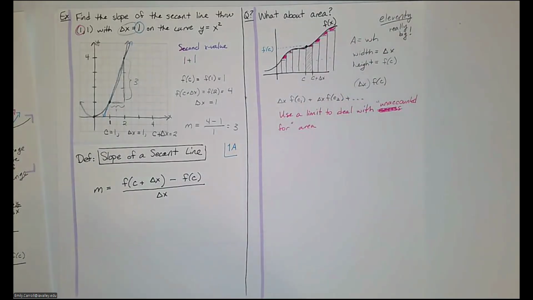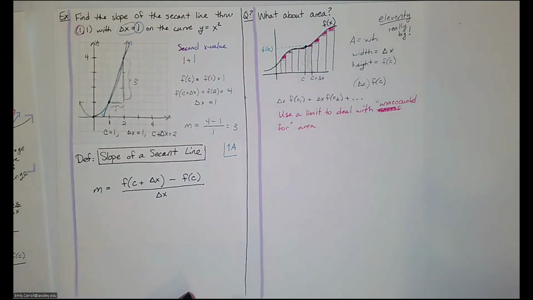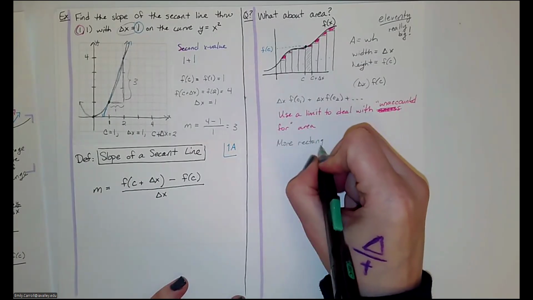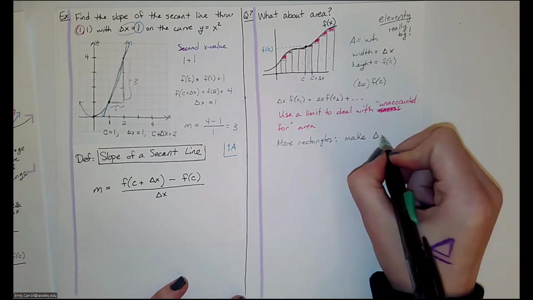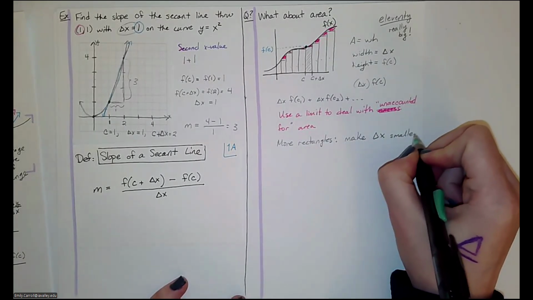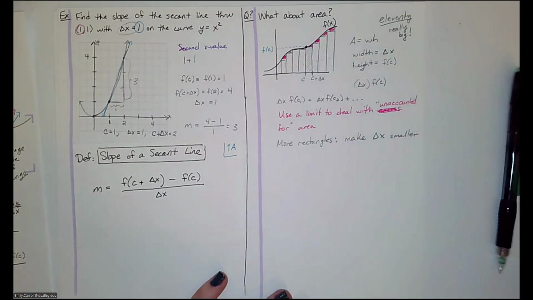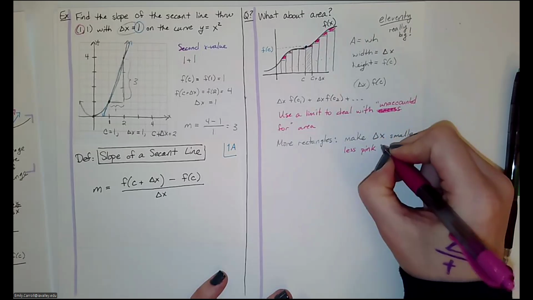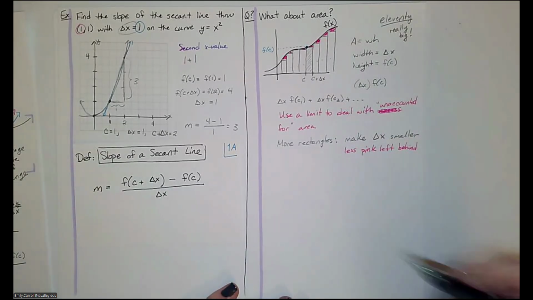Okay, and the idea of a limit here is this gets more and more accurate the more rectangles you draw. So to draw more rectangles, you make delta x smaller, right? And so that leaves behind less of that pink stuff. And this happens in Unit 4.